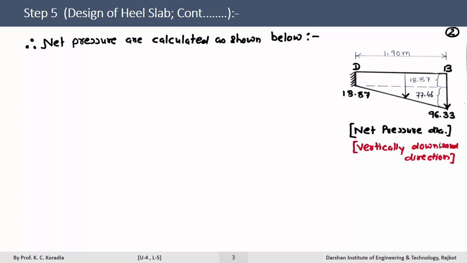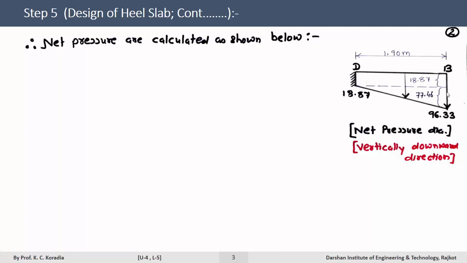This net pressure diagram is made up of two shapes, one is rectangle and one is triangle. This rectangle portion is having a constant pressure intensity of 18.87 kilonewton per meter square.